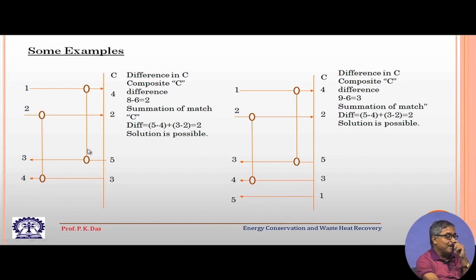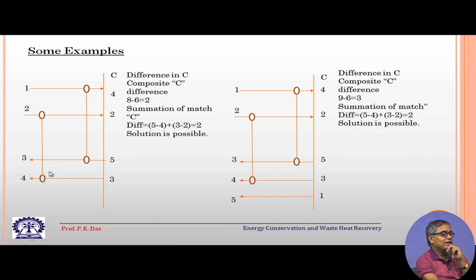Suppose this kind of match we have proposed, that means there is stream 1 and stream 3, we are thinking of one heat exchanger between them. So, this is the symbol by which we will show a match. This shows a particular heat exchanger. Similarly, we are thinking of another heat exchanger between stream 2 and stream 4.